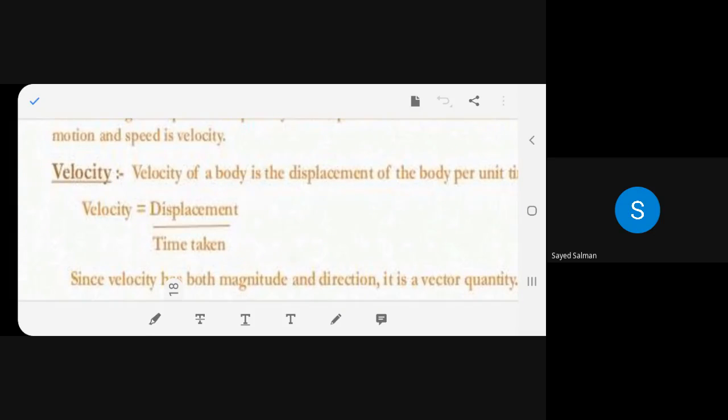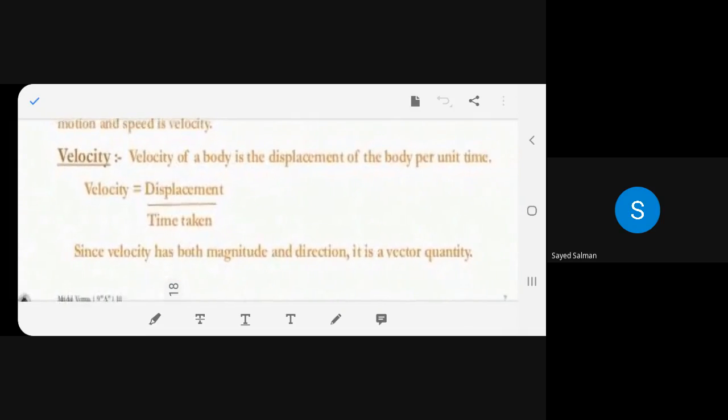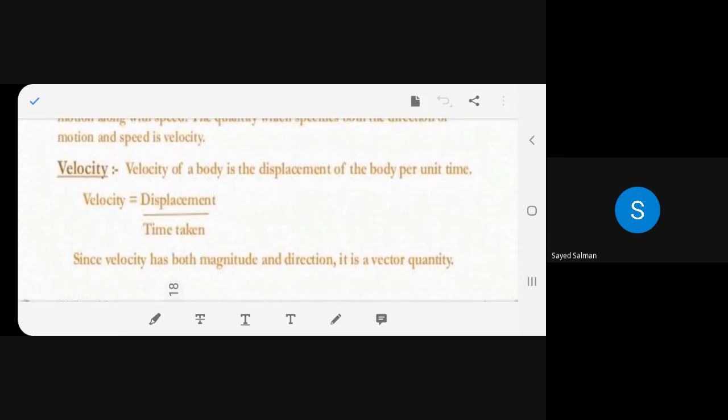So what is the formula? Velocity is equal to displacement upon time taken.